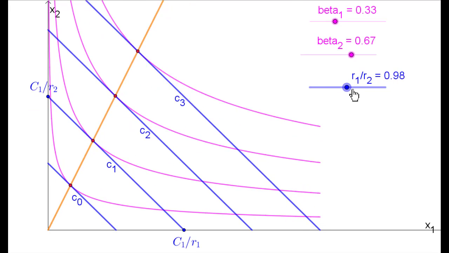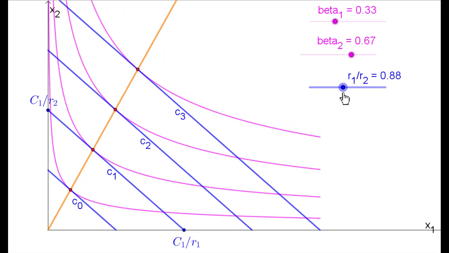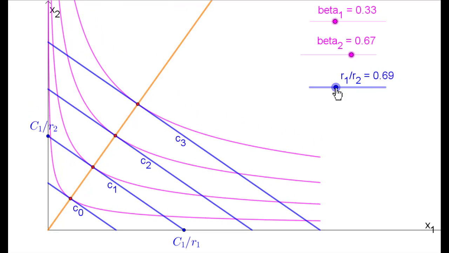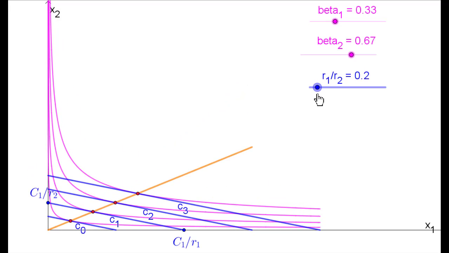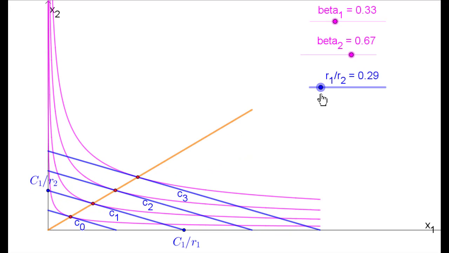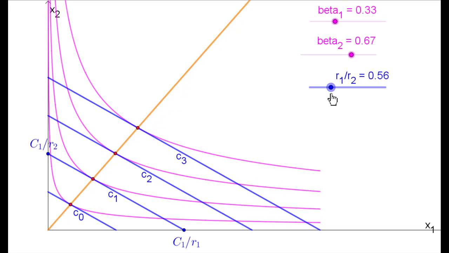So even if we change this R1 over R2 ratio, we always get a straight line expansion path. That's the property of the Cobb-Douglas function. If we reduce the R1 over R2 ratio, it's the same. The isocost line becomes flatter, but the expansion path is always a straight line.